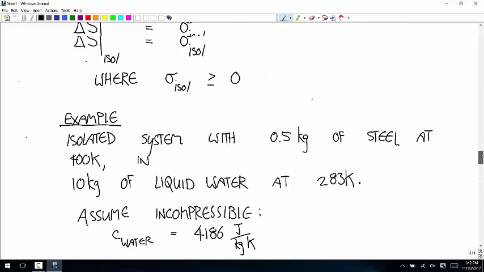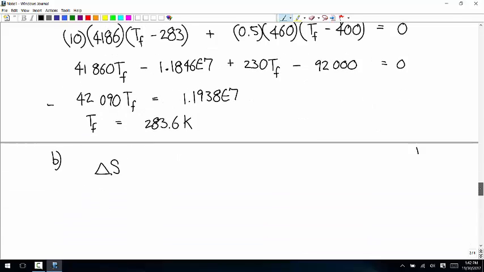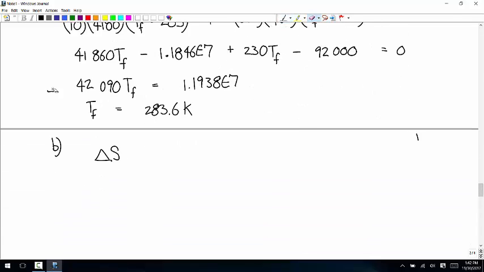The change in entropy for an isolated system is just equal to sigma for the isolated system. And so the change in entropy for the water plus the change in entropy for the steel is equal to sigma.